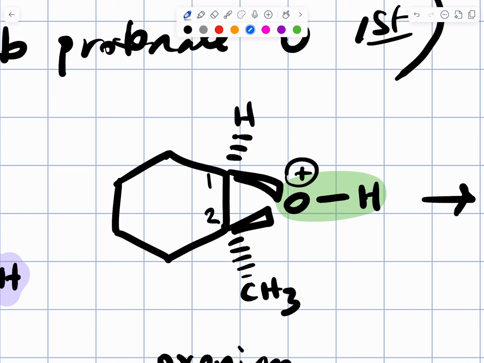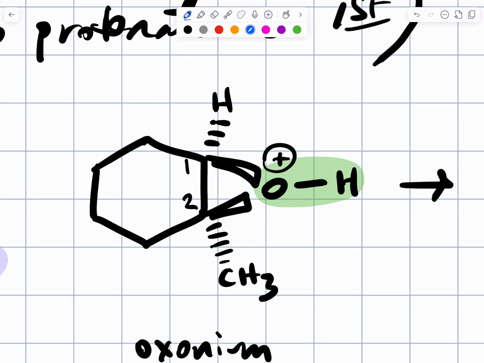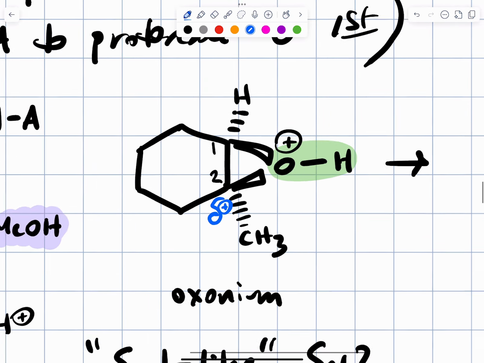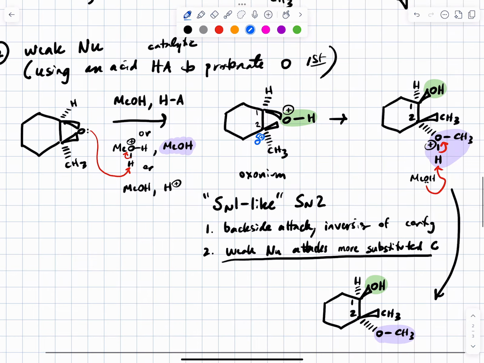Well, you know something about carbocation stability, which is what? On what types of carbons are carbocations more stable? More substituted ones, right? So it makes sense that the partial positive charge should be shared with the more substituted carbon.